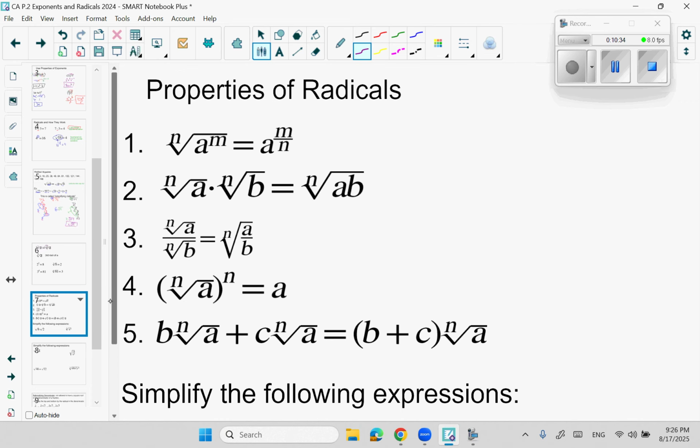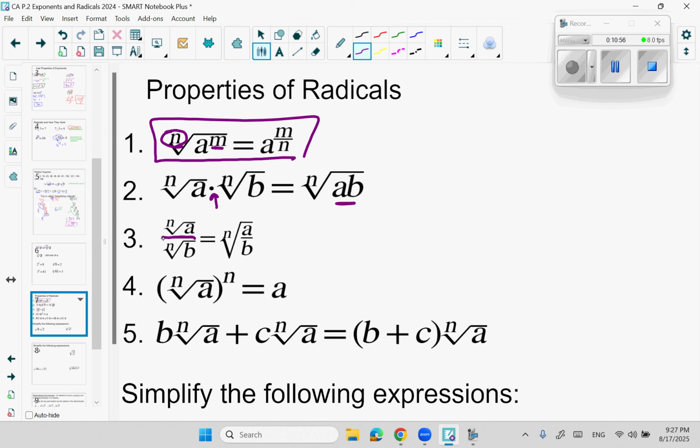Some properties of radicals, as we said earlier on that second slide, this is the big one, where this value is the numerator and the index number is the denominator. Here we can break them up through multiplication or smash them together. Same thing we just experienced.